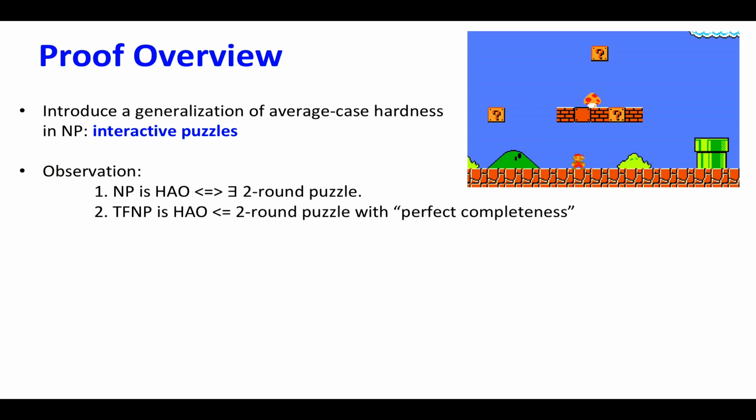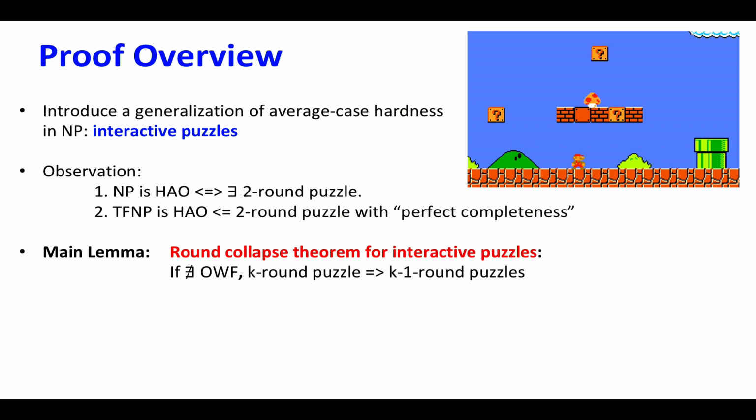Not that the attacker can always win, but it's always possible. In that case, those type of puzzles are going to give rise to a language in TFNP that's hard on average. Okay, so the language of puzzles allows us to capture already these familiar notions.